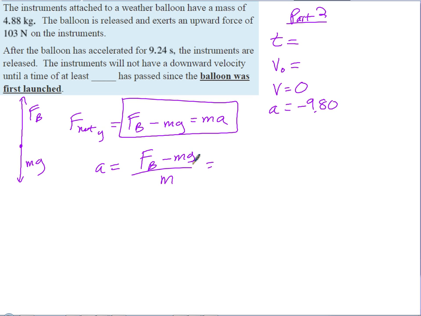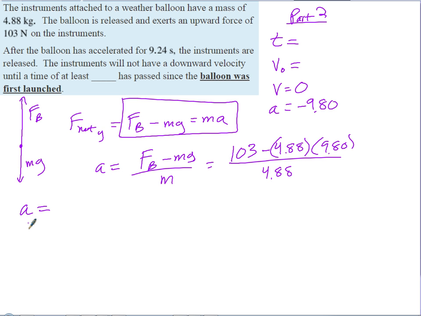So if we plug and chug here, what's the buoyant force? 103, good. Minus, what, 4.88 times 9.8, divided by 4.88, right? So that's going to give us some acceleration that we can fill in.